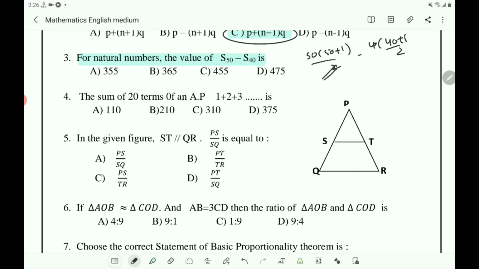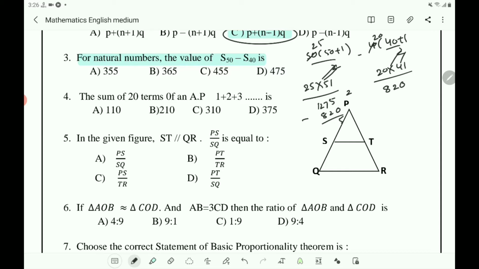So it is 2 ones are 2, 25s are 25 into 51. Then you will get 25 ones are 25, 25 fives are 125, 125 plus 2, 127. Here 2 ones are 2, 20s are 20 into 41, 41 twos are 82, 820. Subtract 820.